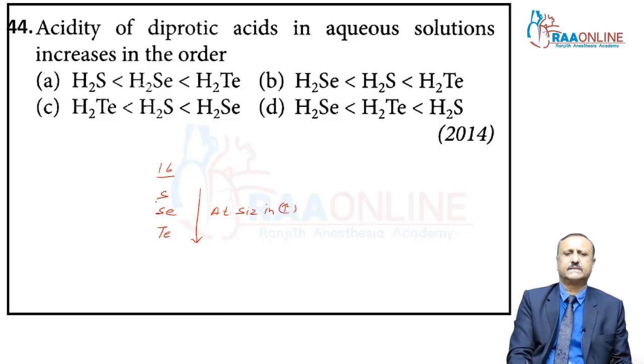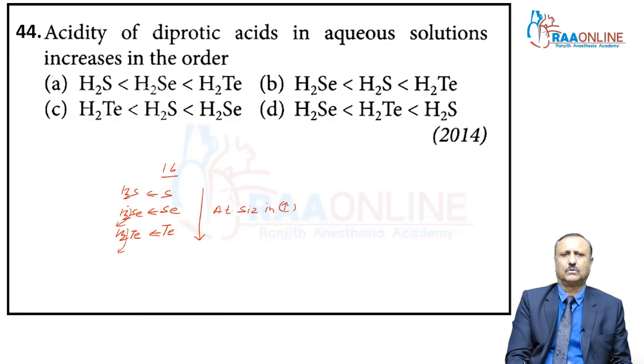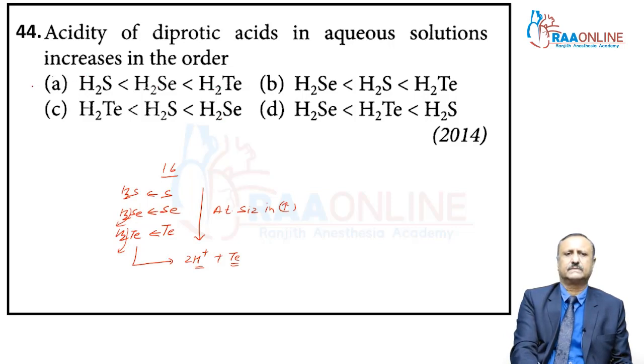If atomic size increases, it forms H2S, H2Se, H2Te. So when atomic size increases, this hydrogen is easily broken, so this compound easily gives H+ ions, it means it is a stronger acid. So acidity increases: H2Te is more acidic than H2Se and H2S.